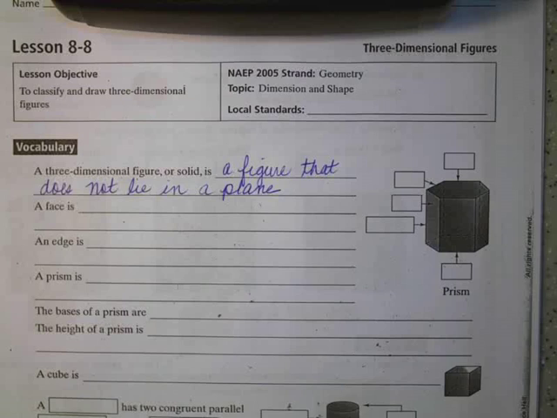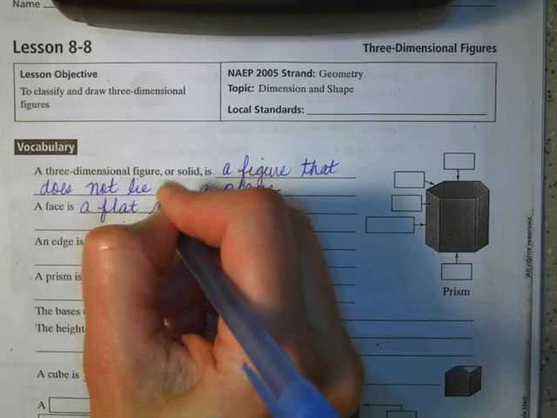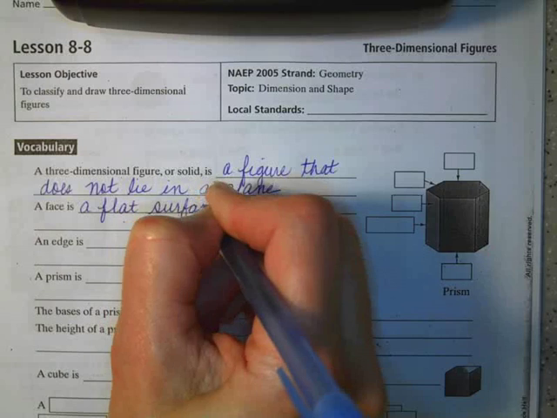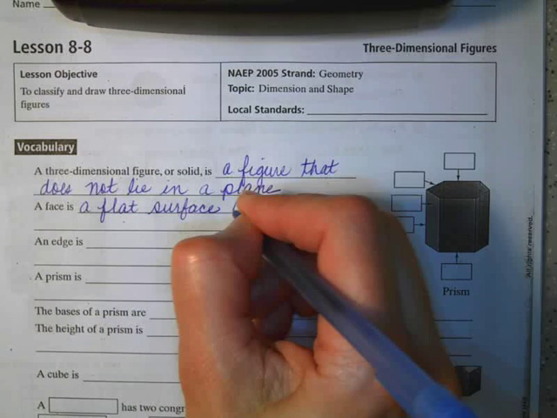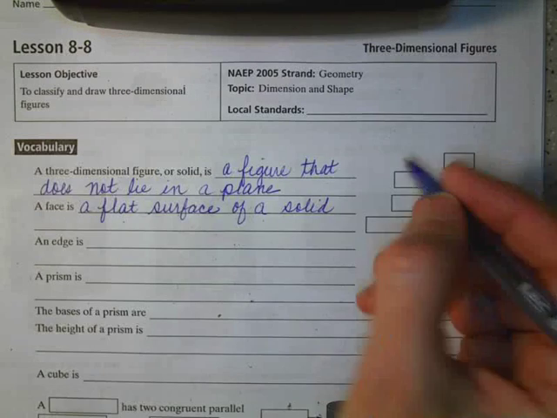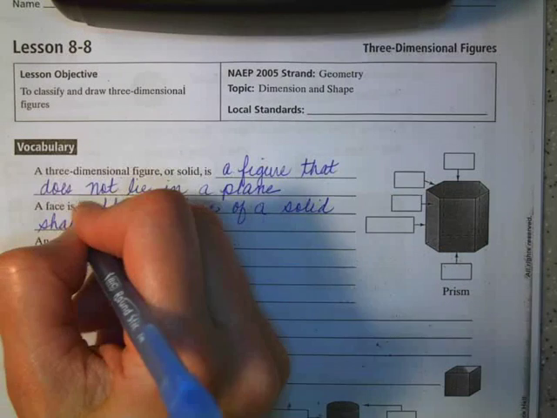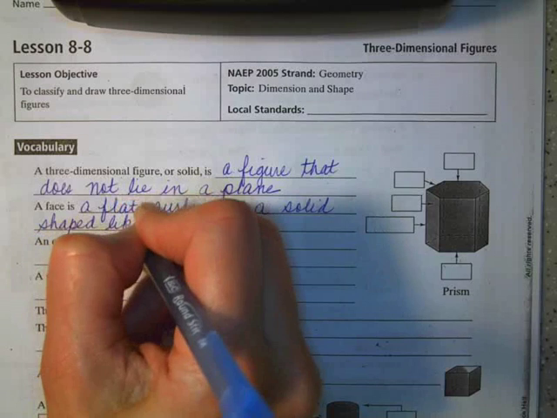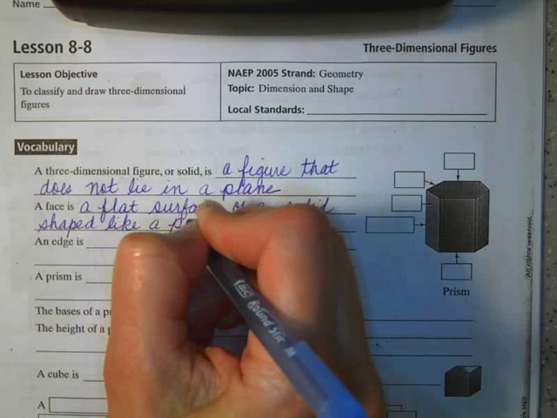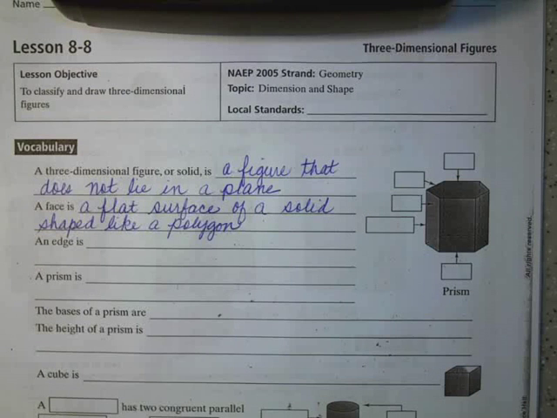A face is a flat surface of a solid shaped like a polygon. So a face is the flat surface of a solid shaped like a polygon.